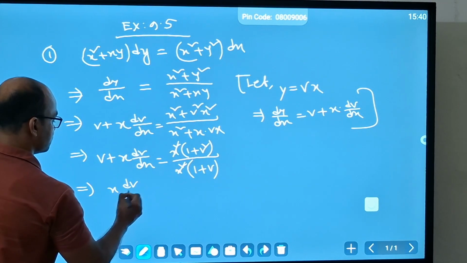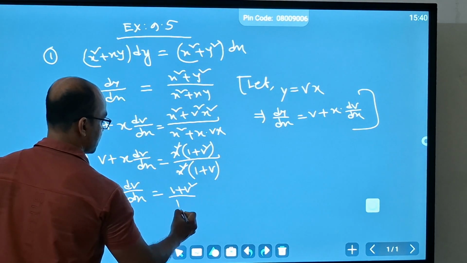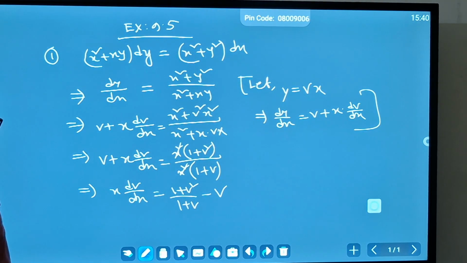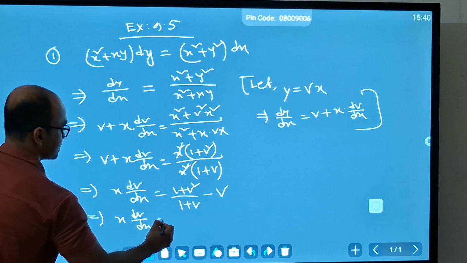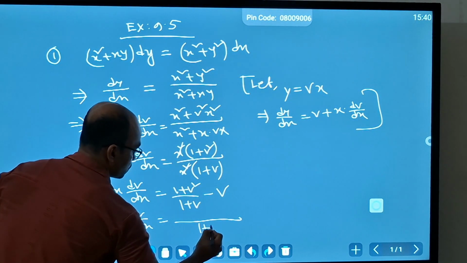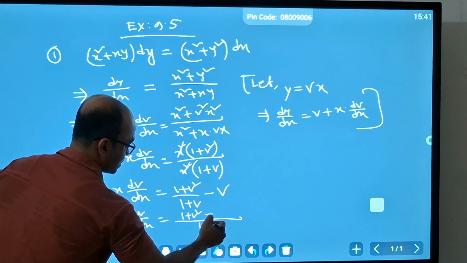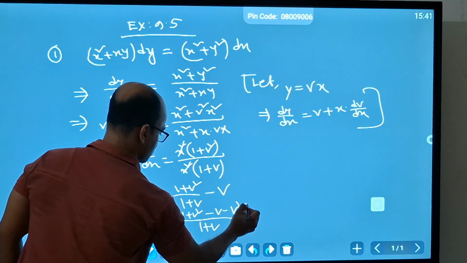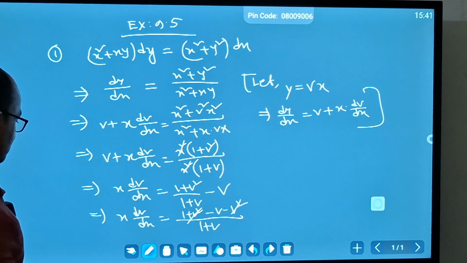Now x dv by dx equals (1 plus v square) upon (1 plus v) minus v. Taking LCM, 1 plus v square minus v minus v square. Here v and v square cancel.